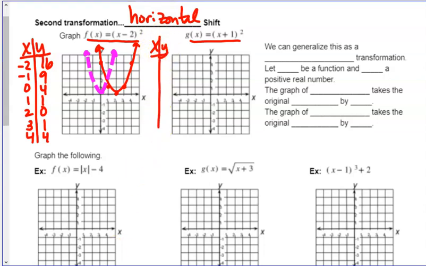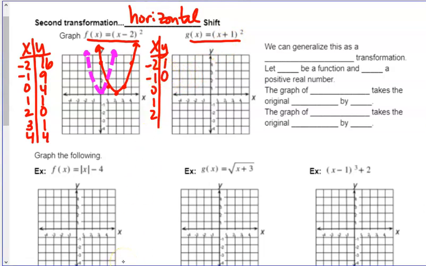Now, looking at the g function, doing the same thing. Let's look at some of these values that we've looked at before, just to investigate and see what happens. If I put -2 in here and add 1, that gives me -1, squared gives me 1. If I throw -1 in there plus 1, I get 0, 0 squared is 0.